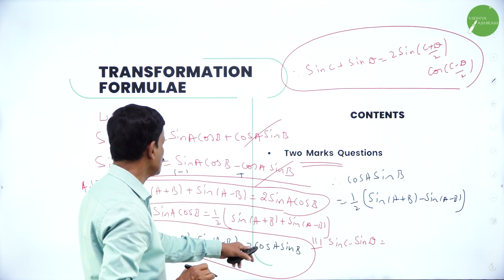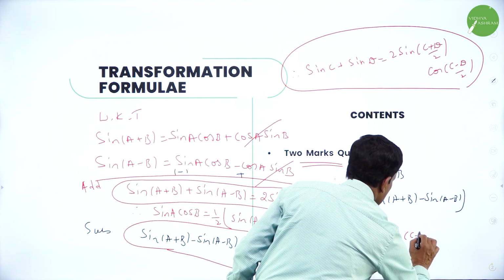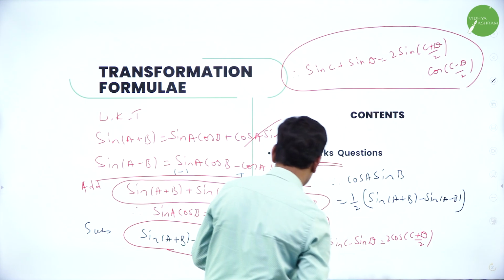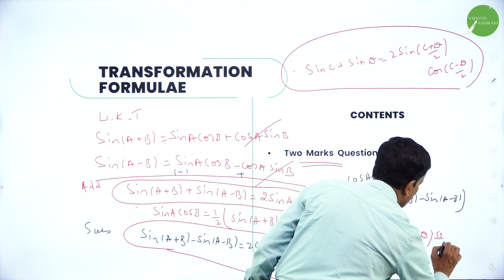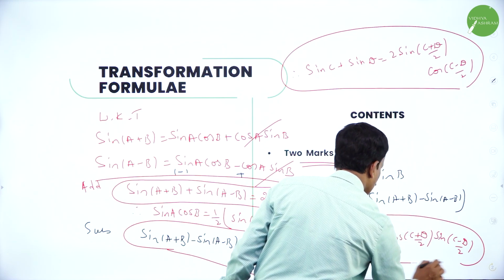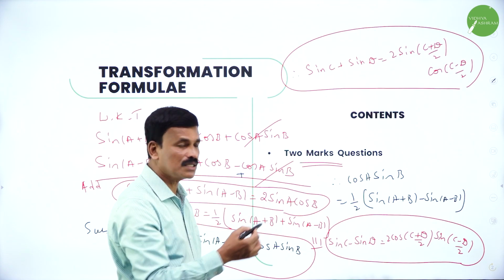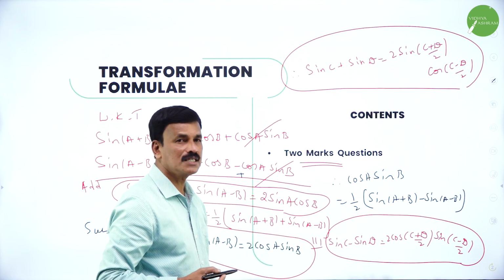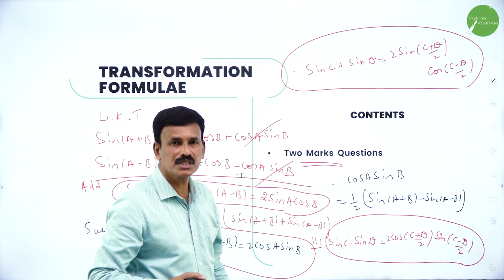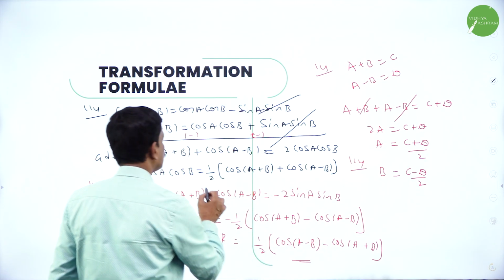Sin C minus sin D is equal to 2 cos (C+D)/2 into sin (C−D)/2. This is another formula. So sin C plus sin D is equal to 2 sin (C+D)/2 into cos (C−D)/2. Sin C minus sin D is equal to 2 cos (C+D)/2 into sin (C−D)/2.